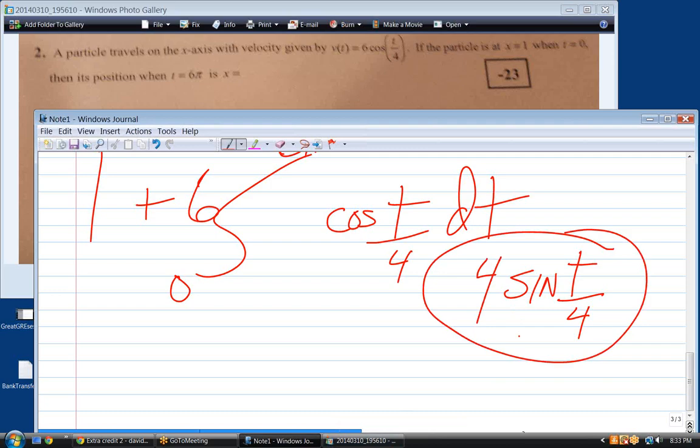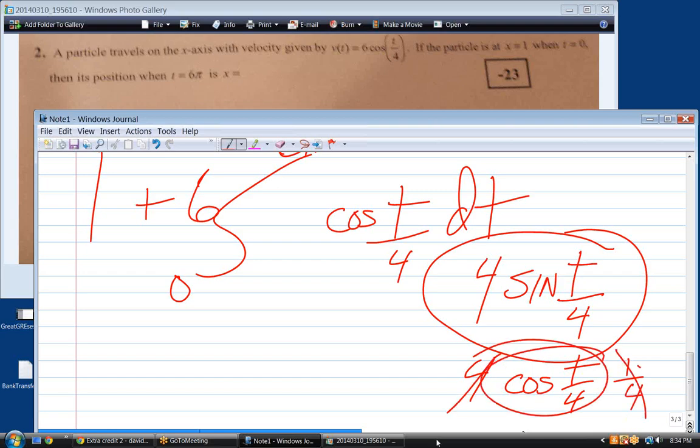The way you check your integration is by taking the derivative of that and making sure we get this. We got 4 cosine of t over 4 times the derivative of the inside, which is 1/4, which cancels out with the 4, and we got what we started with.